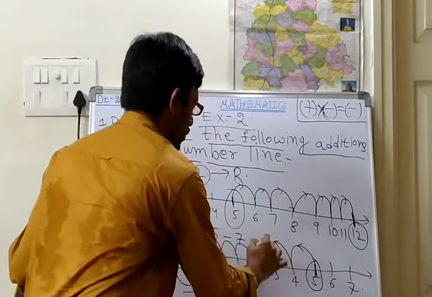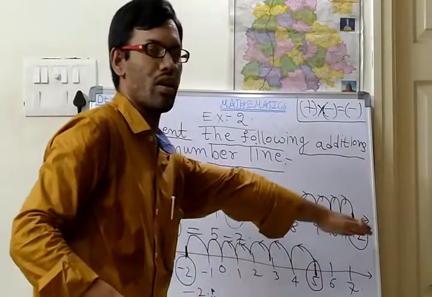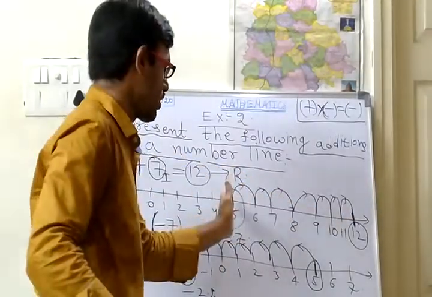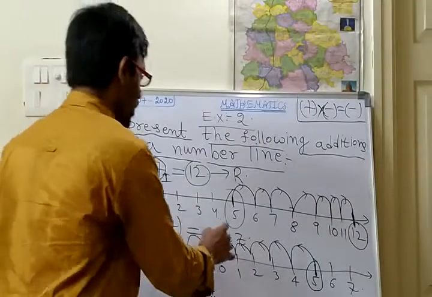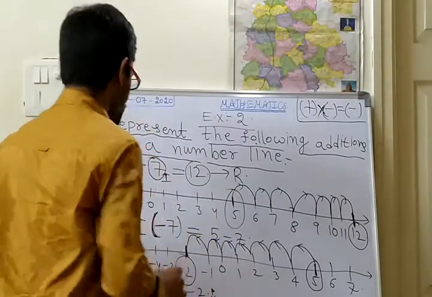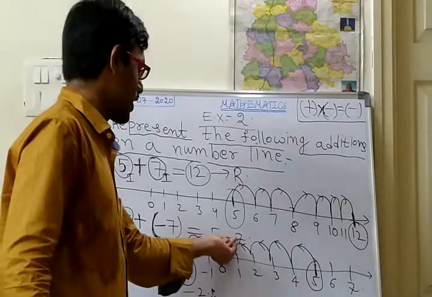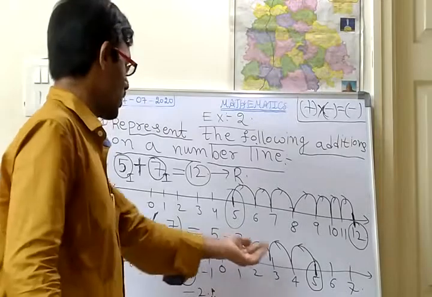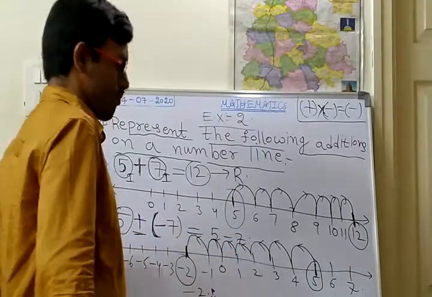Whenever you are adding a positive number, you should go in the forward direction, to the right side. Whenever you are adding a negative number, the symbol automatically changes into a negative symbol, so you should go to the left side, the back side direction.